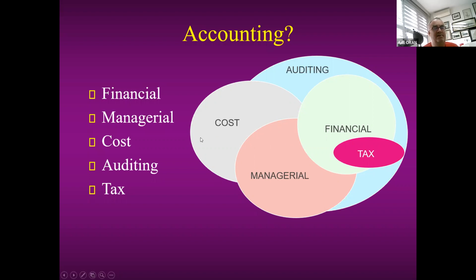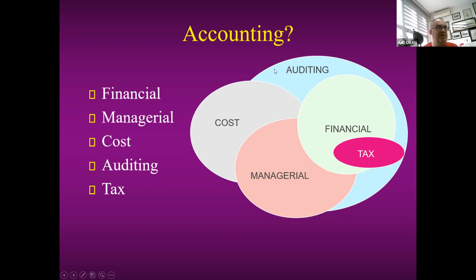Cost accounting sometimes is used in place of managerial accounting, but it's not quite accurate. But a lot of what managerial accounting does and the type of information that managers need to make decisions may be coming from the internal cost accounting part of the company as well.